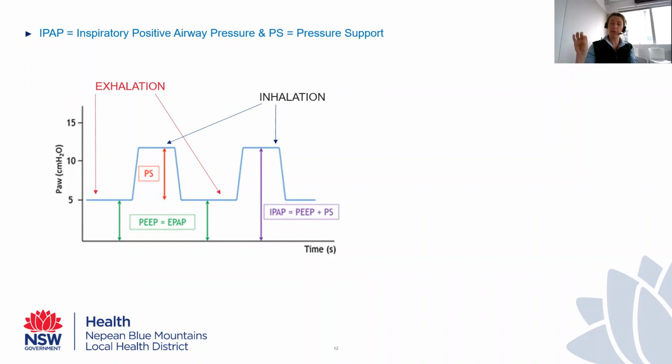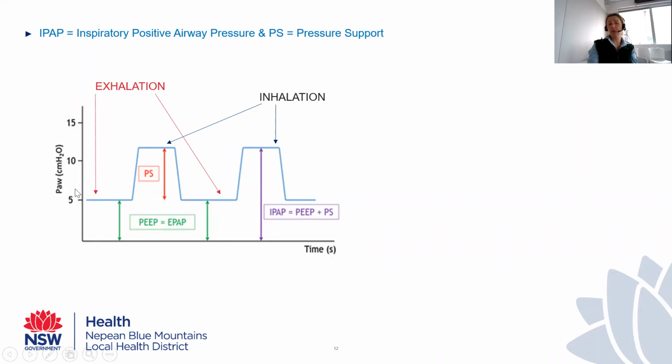So it's really important that we understand these individual pressures, because it's a three-way relationship, we only need two of the pressures to be able to work out the third. And you'll find that in clinical practice. The medical officers will order you two pressures. They'll always order you a PEEP or an EPAP. And then they will order you either a pressure support or an IPAP, and you need to work out the other one if that's something you need to set.